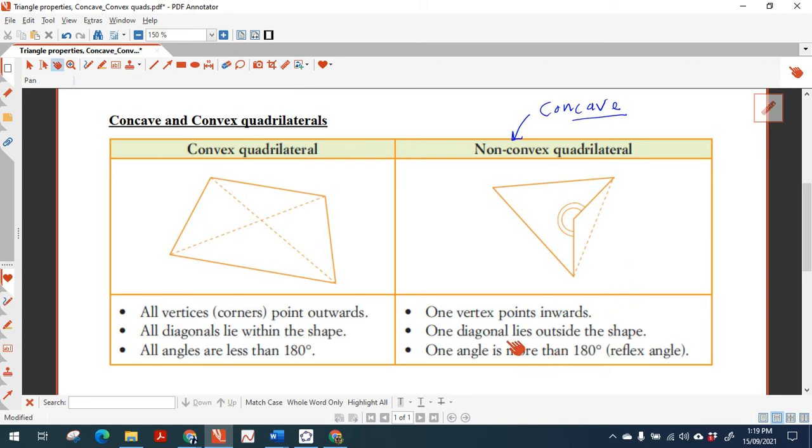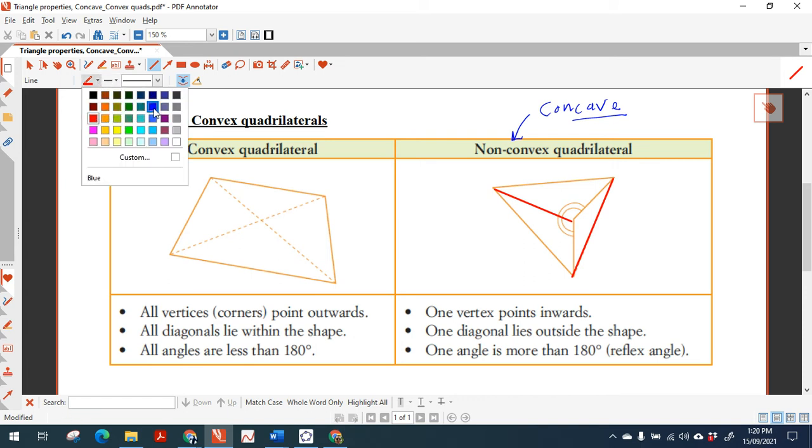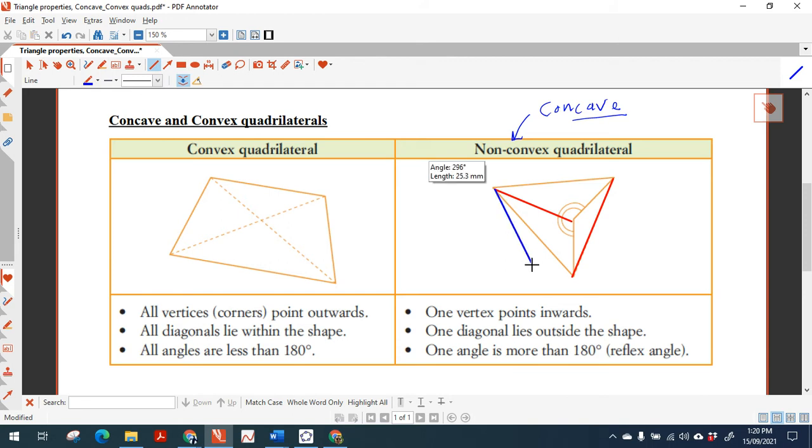The other property is one diagonal lies outside the shape. So if you look at the diagonals of this shape here, so if I just join the opposite corners, so here's one diagonal, I've joined the opposite corners there, and here's another diagonal, joining opposite corners. You can see that the second diagonal lies outside of the main shape. Okay, so if I draw the main shape there, let's just do this in a different color.